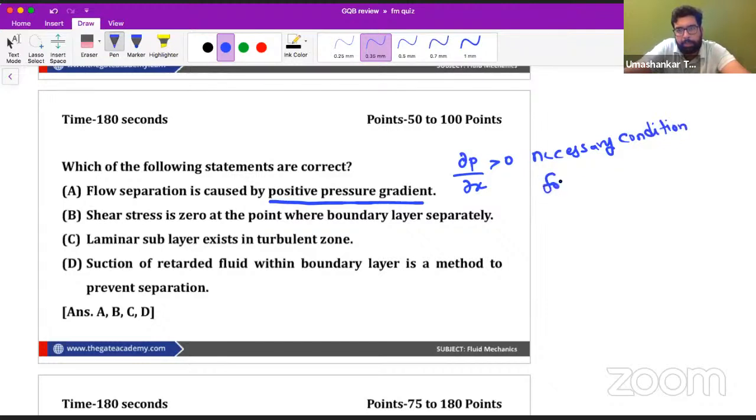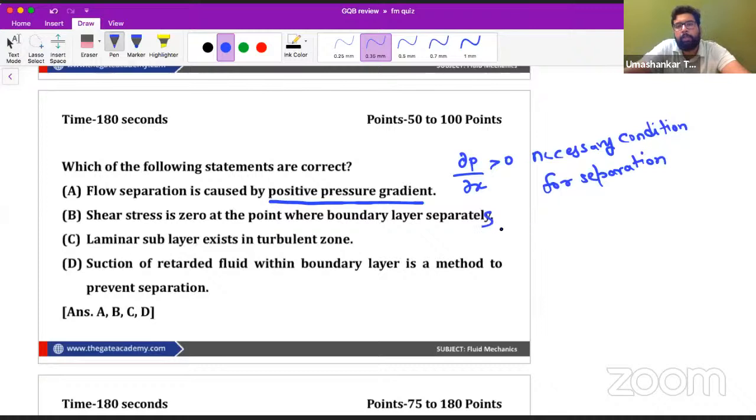So separation can only happen when del P by del X is greater than 0. Now reading the second statement: shear stress is 0 at the point where the boundary layer separates.